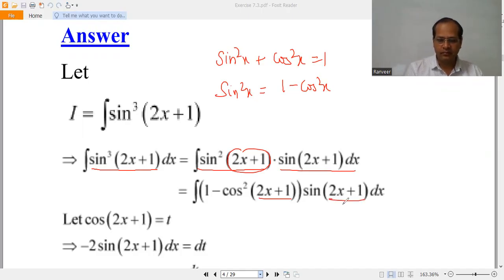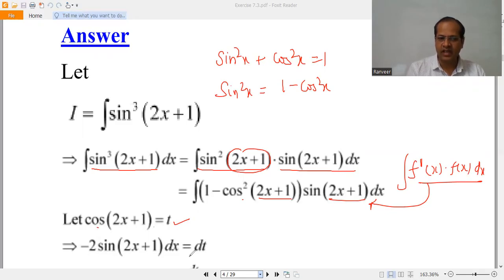Now this we are directly converting by the substitution method. This is nothing but the format of f dash x into f x integration of dx. This is the format being applied here. So cos 2x plus 1, if we take it as t, then the differentiation value of this is minus 2 sine 2x plus 1 dx.